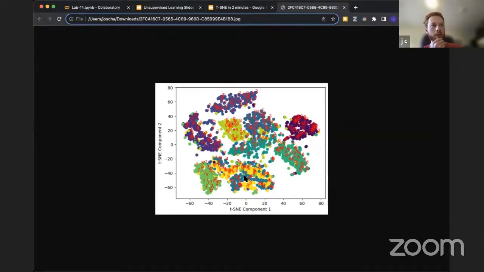Anyone, any idea why that is? Why do we see the 4s and 9s somewhat together in one cluster and not clearly separated as the 2s from the 8s from the 3s?